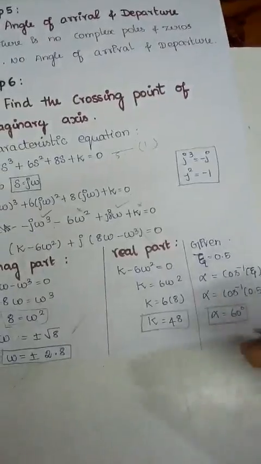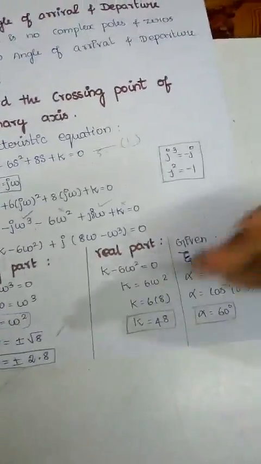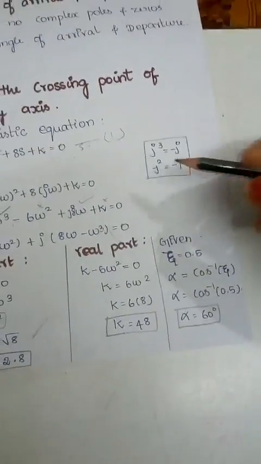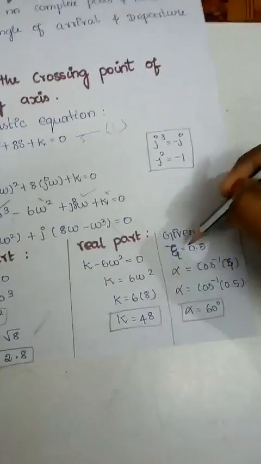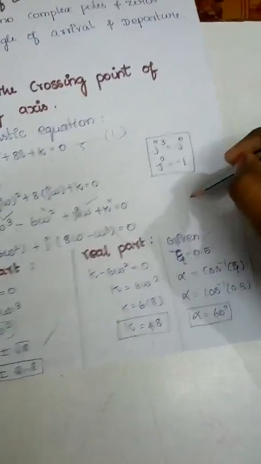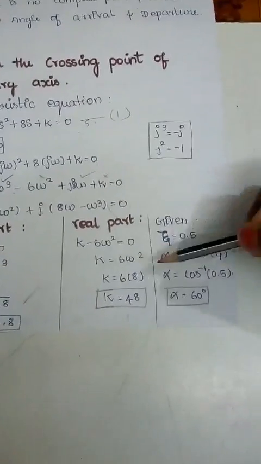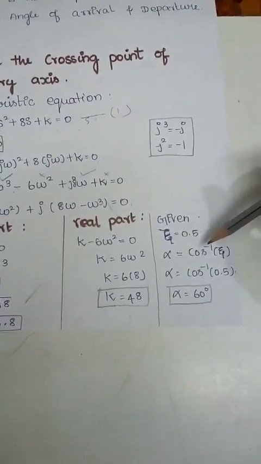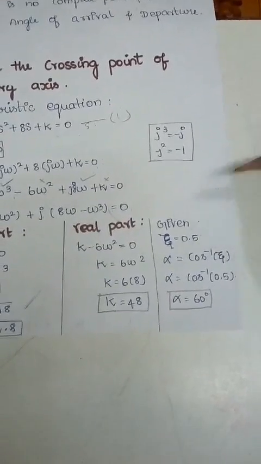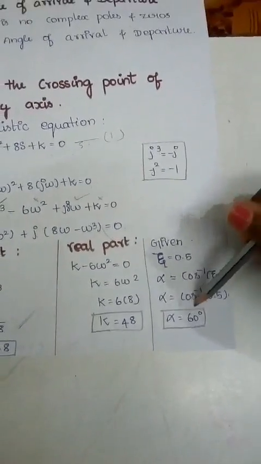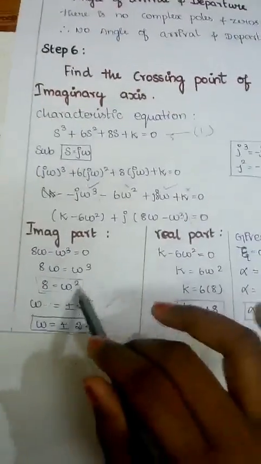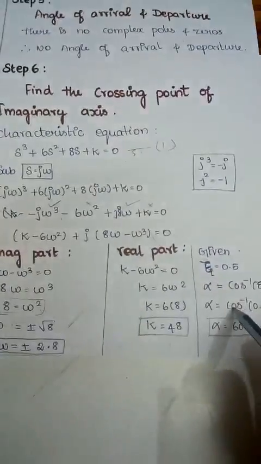We also find the alpha value. Zeta equal to 0.5. We already know zeta means damping ratio, already given in the question. So alpha equal to cos inverse of the damping ratio 0.5, so it becomes 60 degrees. So we found the imaginary part, real part and alpha value.